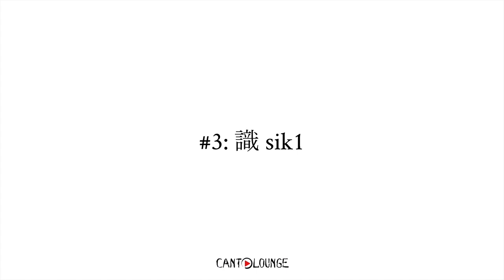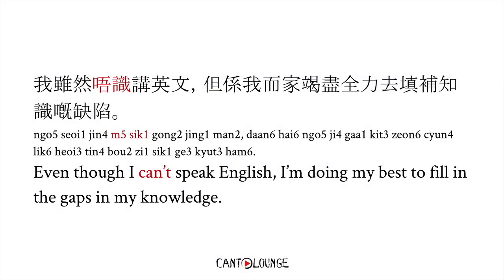And number 3, we're going to have a look at 識. 識 means to know how to do something. So here in this example, we have 我雖然唔識講英文，但係我而家竭盡全力去填補知識嘅缺陷. Bit of a fancy way of saying try my best to learn.